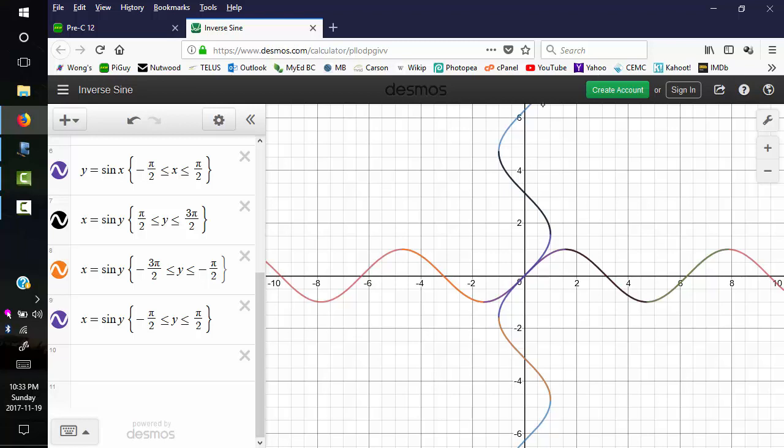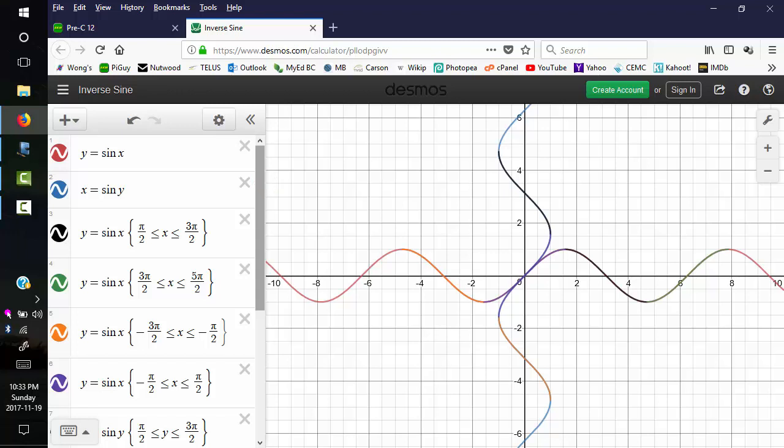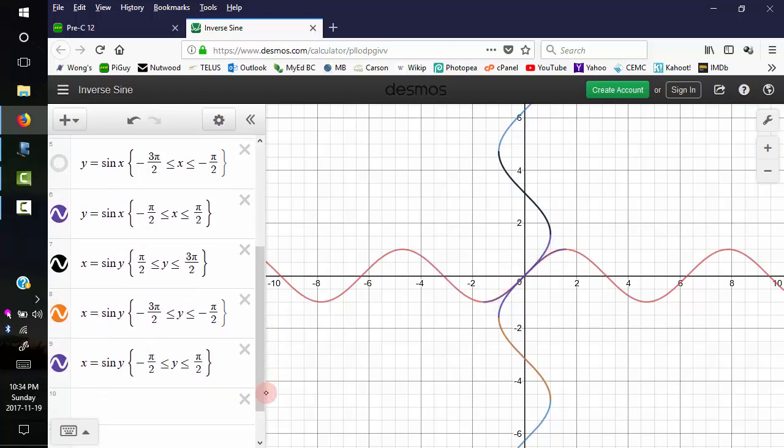So there's many choices, and the right choice, so this one is not the right choice, and this one is not the right choice, and this one is not the right choice. This is the right choice, because it gives us this as the range.